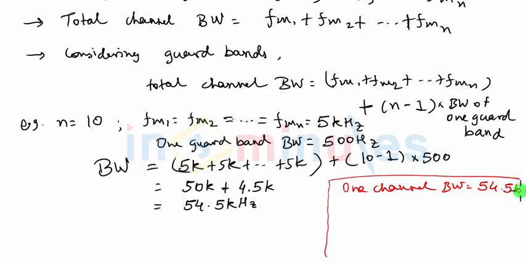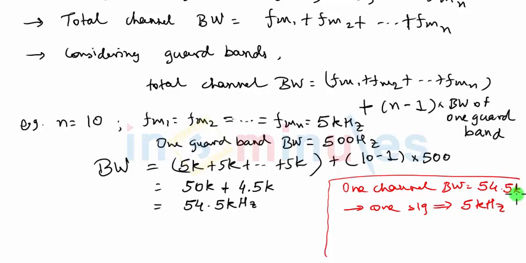If you're not carrying out multiplexing, then you can transmit only one signal, because without multiplexing I can only transmit one signal per channel, and if that one signal has a bandwidth of, let's say, 5 kilohertz, then I'm only using 5 kilohertz out of the 54.5 kilohertz which is available. So there will be a lot of wastage of bandwidth in that case.